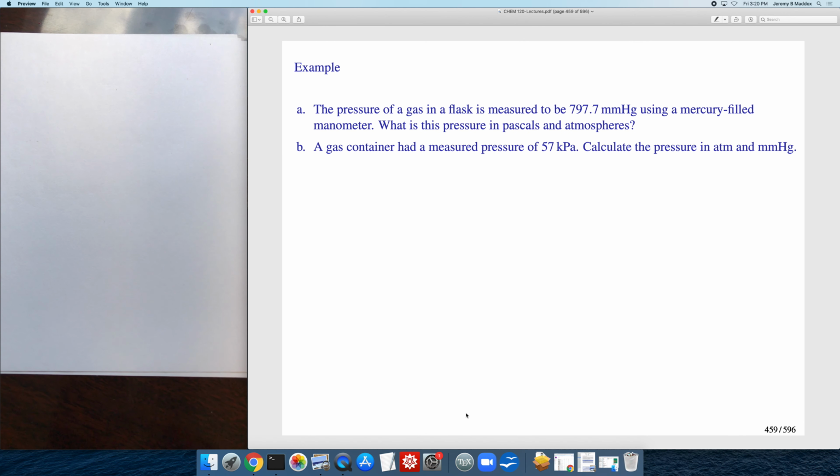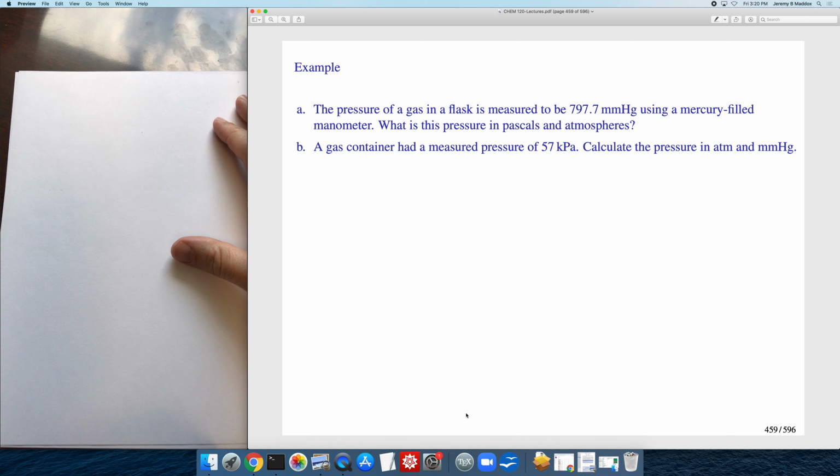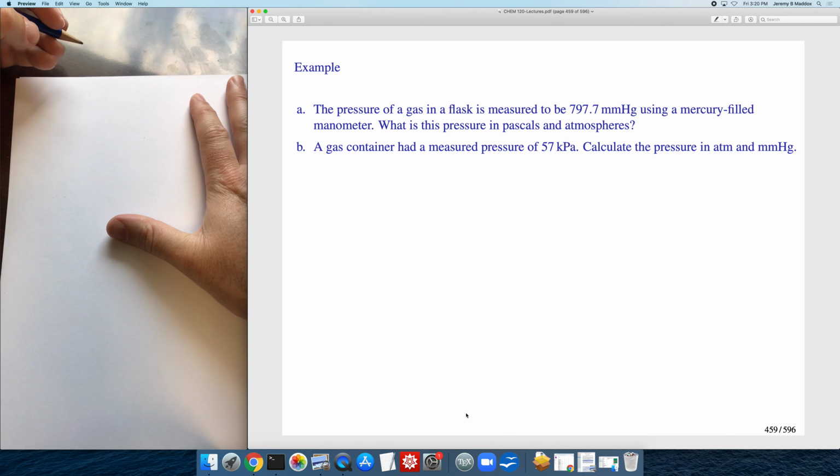Here we're given a pressure measured in millimeters of mercury, and we're being asked to calculate that pressure in both units of pascals and units of atmospheres. So we're going to do the millimeters of mercury to atmospheres conversion first.